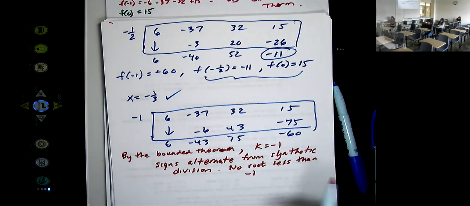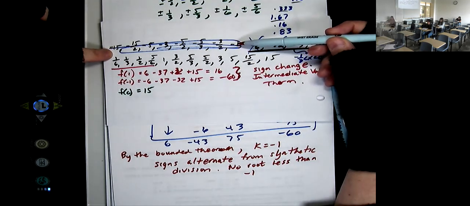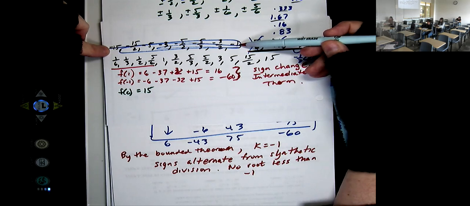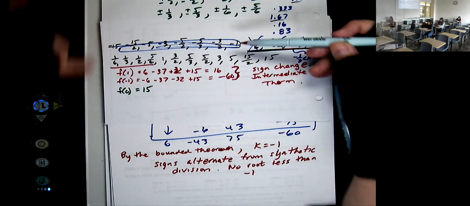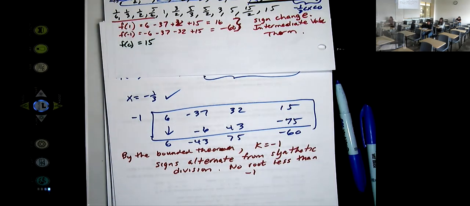Which means I could have crossed off all of these before we even did what Christopher pointed out. By doing -1, I could have crossed these off right away, if I'd done synthetic division rather than putting it into this. Does that make sense? If you work with these theorems, they will help.